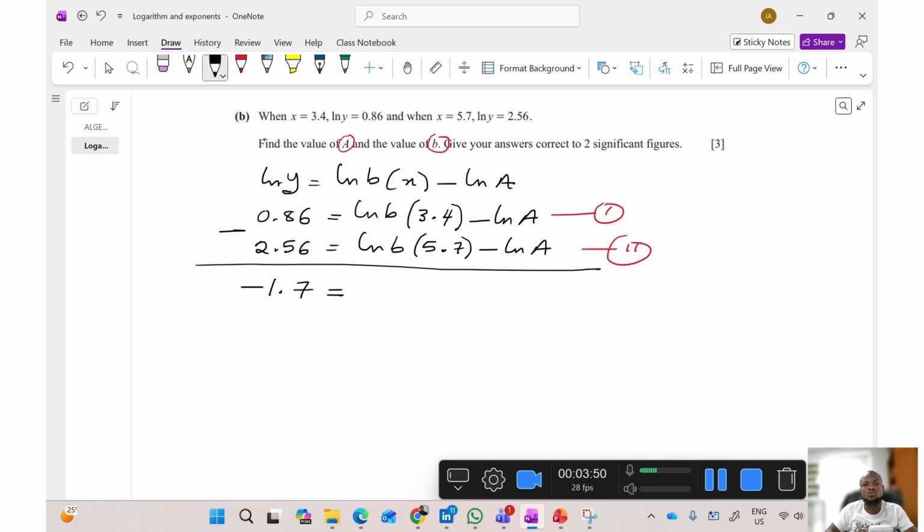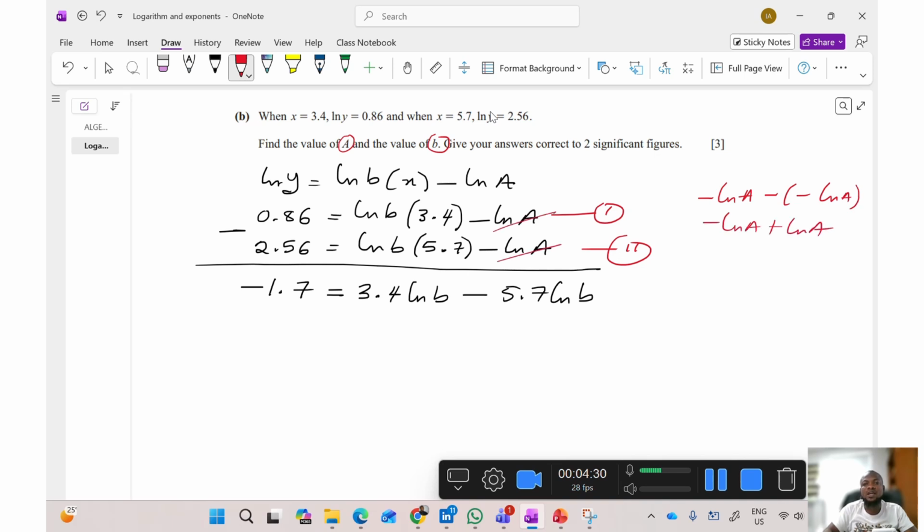Minus 1.7 is equal to 3.4 ln b minus 5.7 ln b, and in this case minus ln a plus ln a is 0.